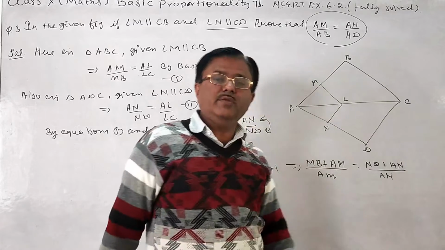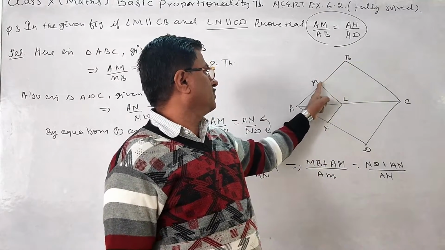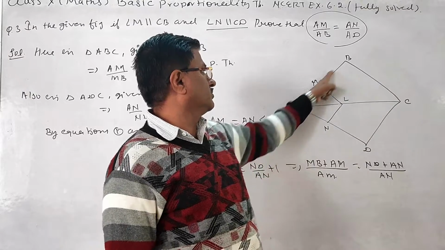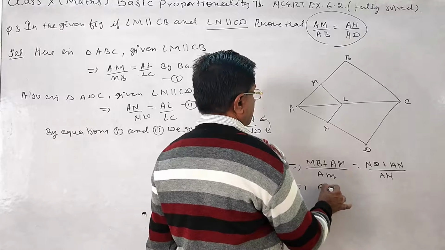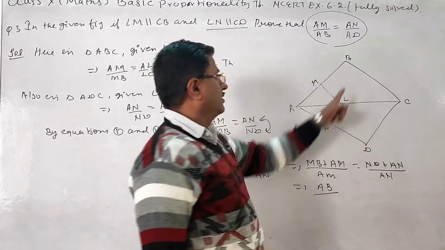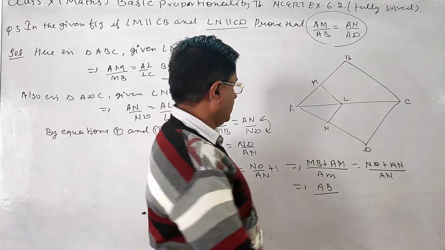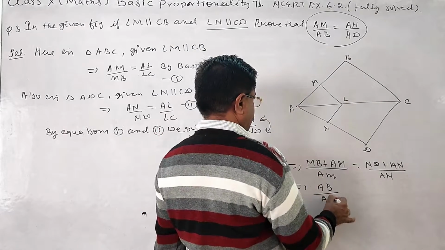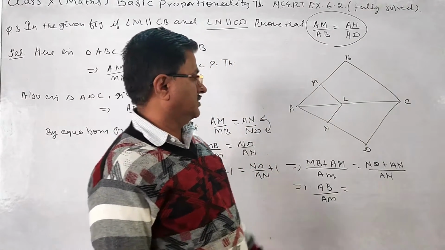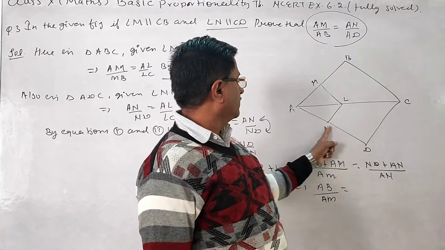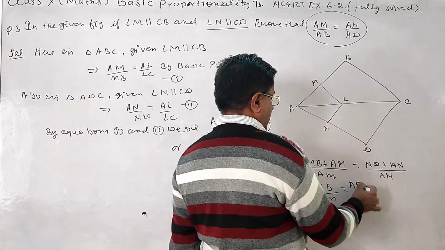Now see from the figure, MB plus AM, so that is complete AB. We can write AB upon AM. So according to your requirement, you have to change this: ND plus AN, that is AB upon AM.